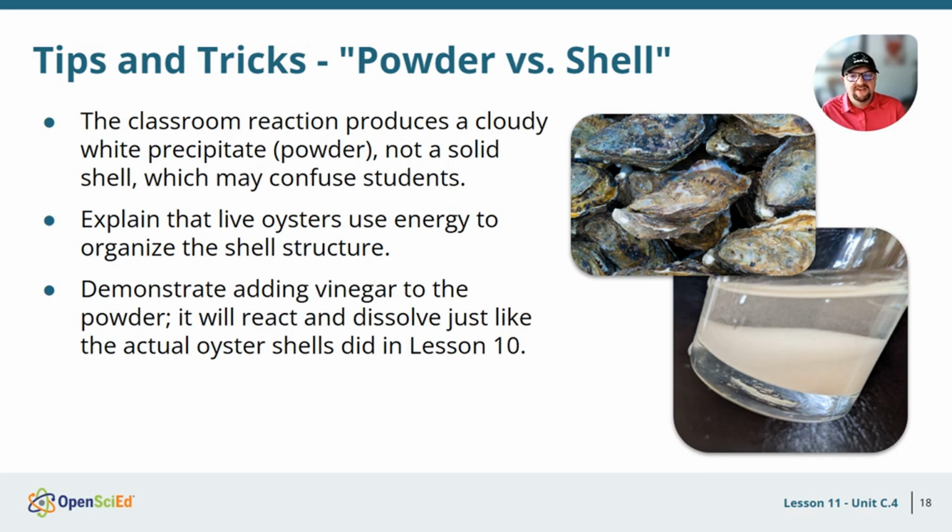Our reaction makes the raw chemical building block, calcium carbonate, but living oysters expend biological energy to organize those particles into a rigid structure. This is also a great connection to previous discussions of how oyster larvae were forced to use that valuable energy to deal with excess bicarbonate instead of making their initial shells.